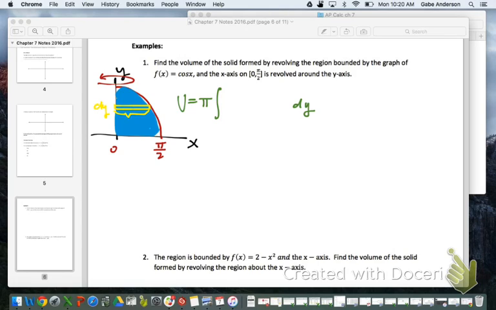Maybe I'll talk about that here in a second. Okay, so we need to start accumulating these little representative disks as they get rotated around the y-axis. So the first thing we need to tackle is the limits of integration. So my first representative rectangle is going to be down here.